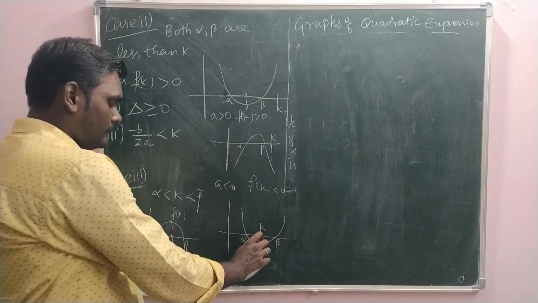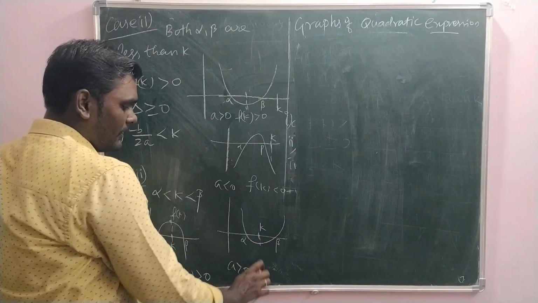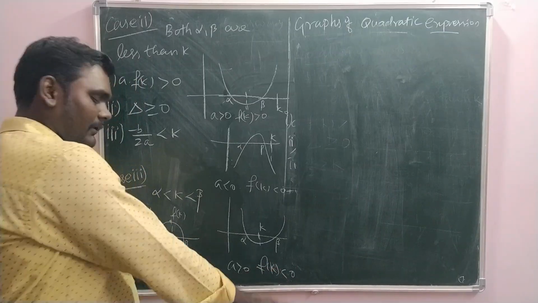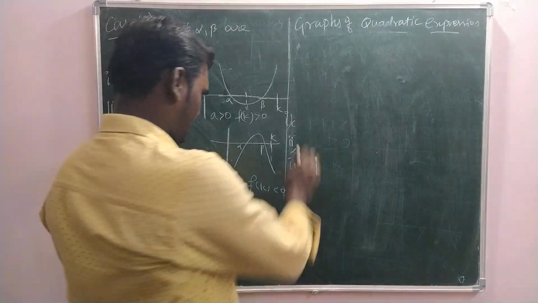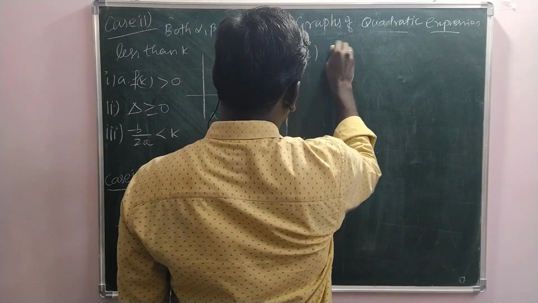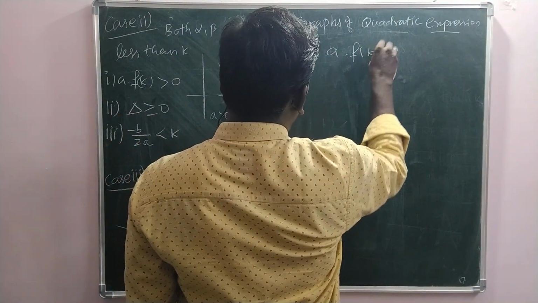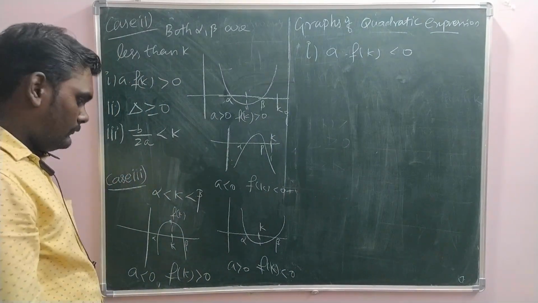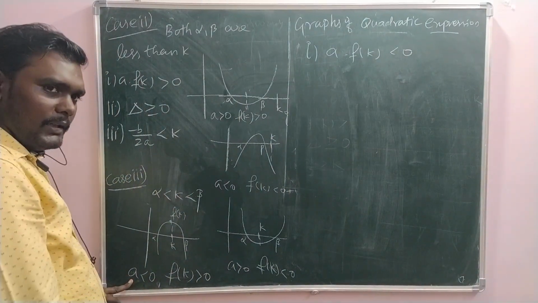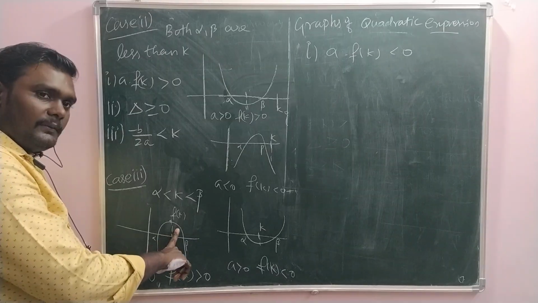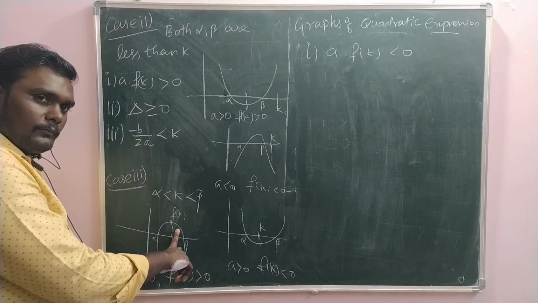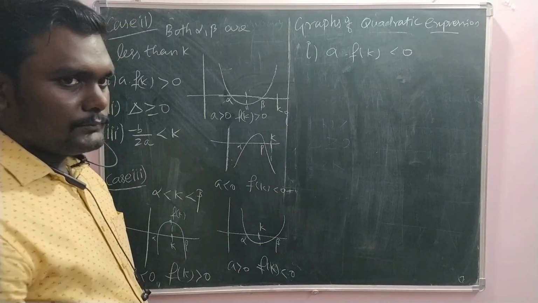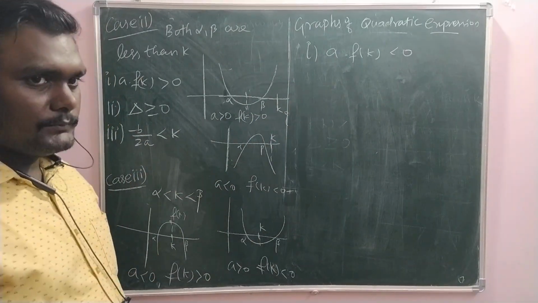Here also, A is greater than 0 and f of k is less than 0. One positive and one negative value multiplied together give a negative. So a into f of k is negative in both cases: less than 0.